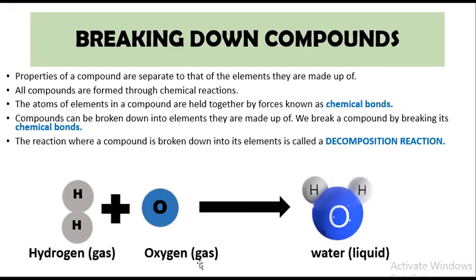So if we look at how water is made, we take hydrogen, and hydrogen is a gas. Who can tell me why hydrogen is written as 2 atoms together? What do we call it when 2 or more atoms are bonded together?